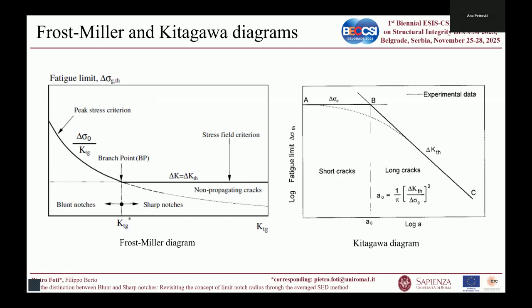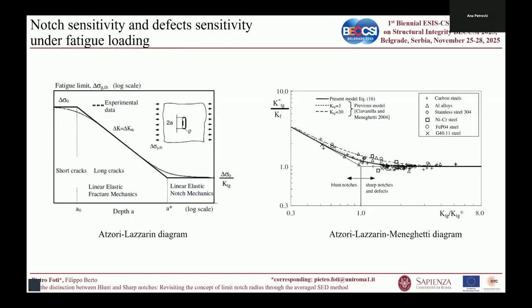I introduced both diagrams, although I'm talking only about notches, because in some recent works, from 20 years ago, Atzori and Lazzarin demonstrated that these two diagrams can be thought about as a unique diagram in which cracks and notches can be thought as two sides of the same medal.